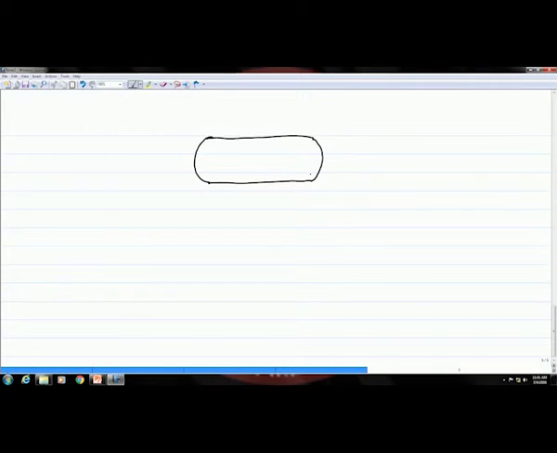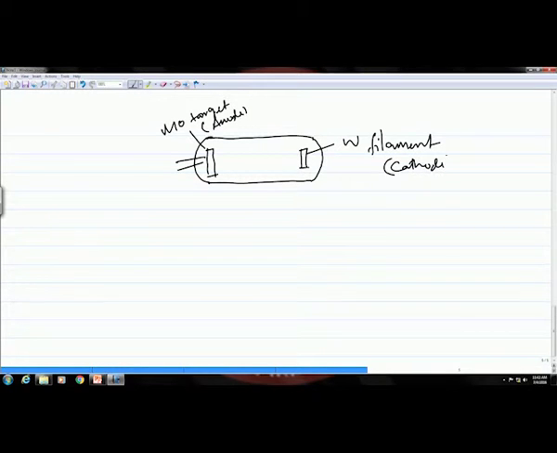On one side you have the tungsten filament, and on the other side you have the target, and you keep them inside a tube which is evacuated and kept under vacuum.